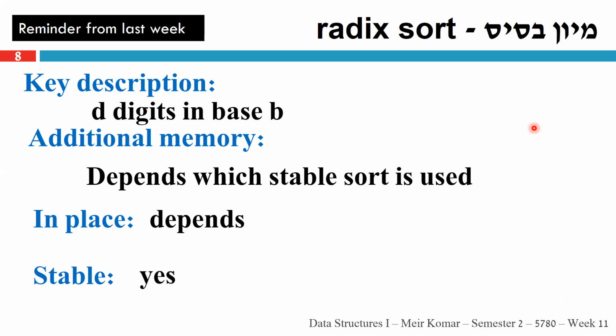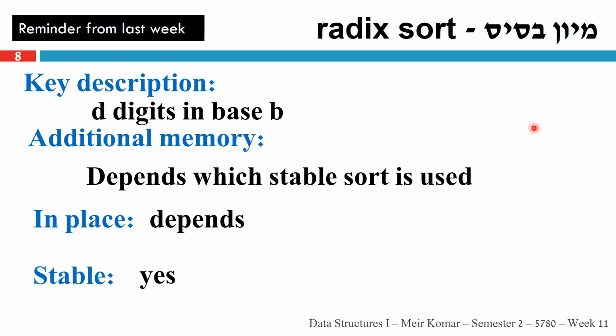Very important for us to be stable. We said why, and in the second exercise that we'll do today, we'll see an example that I've built to see it really. So we'll be seeing why it's important for it to be stable.